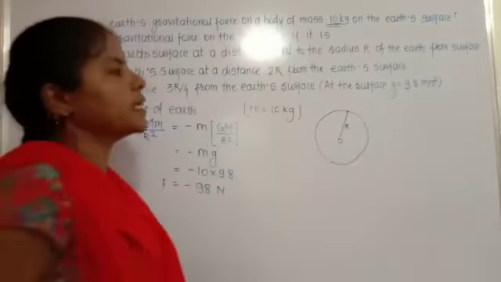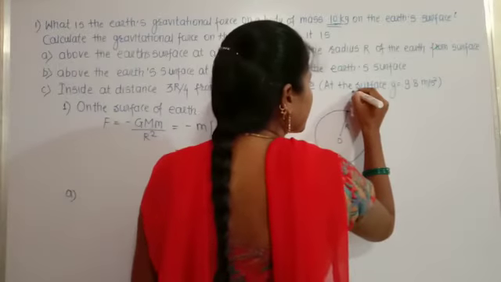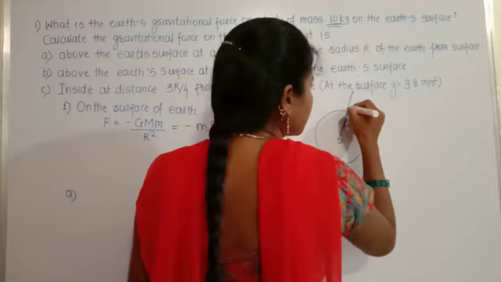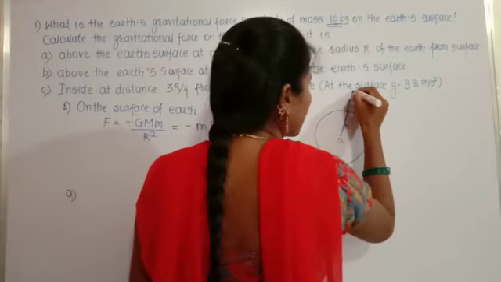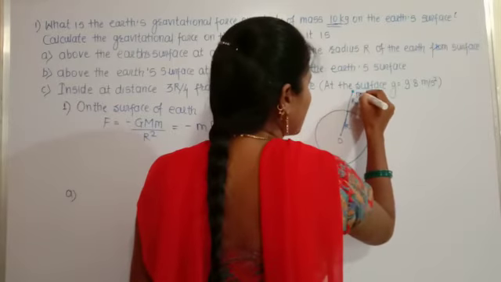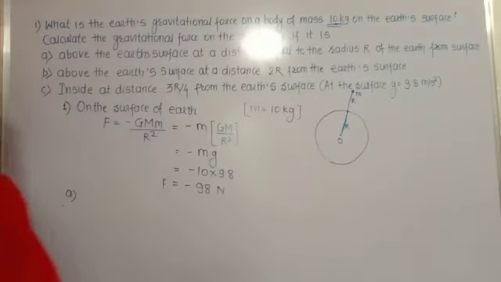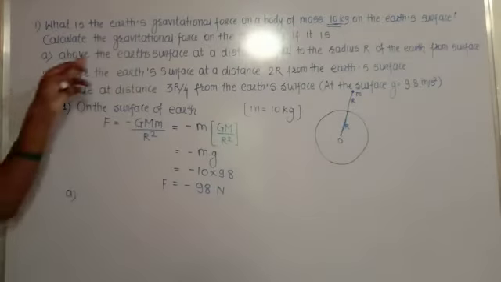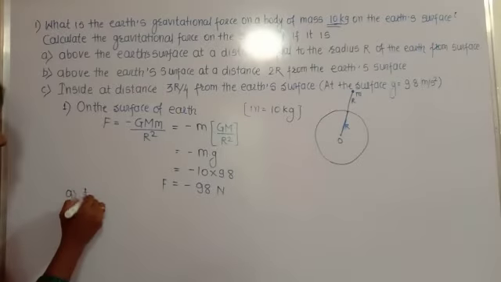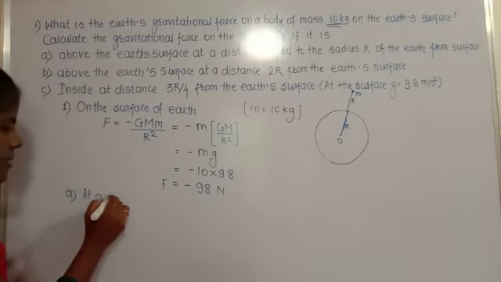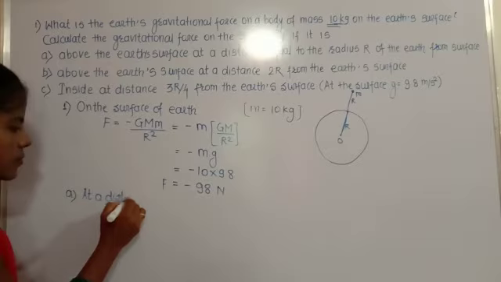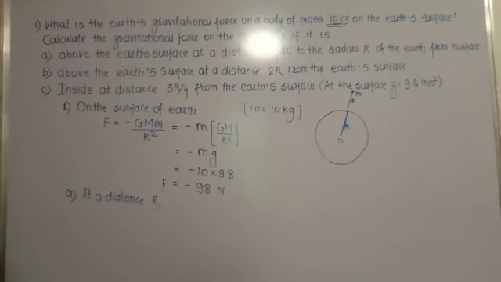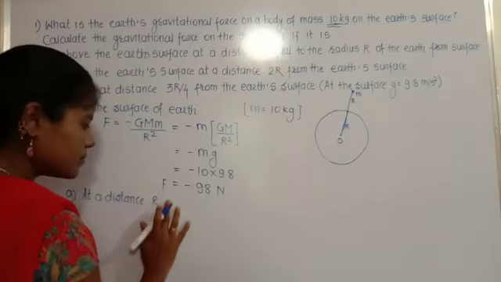So this mass of 10 kg is situated here: this is R, and again the same distance R, and here the mass small m is situated. So for the second case A, above the earth surface at a distance R from the earth surface.